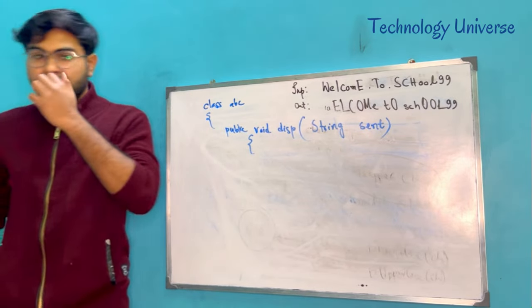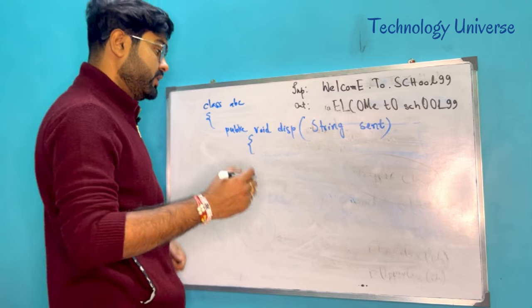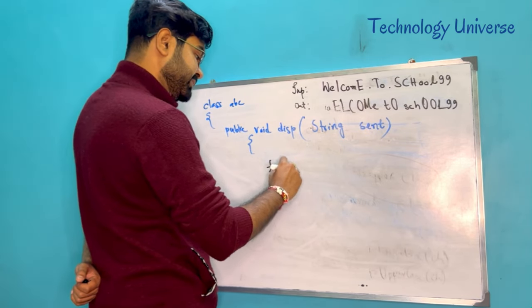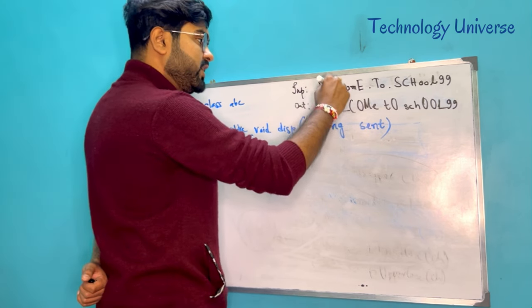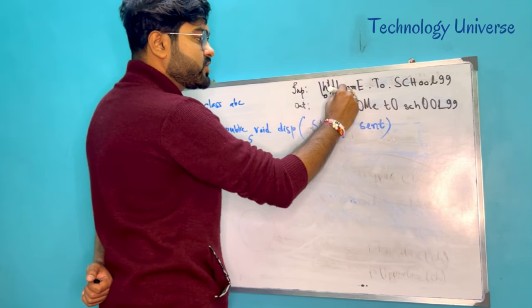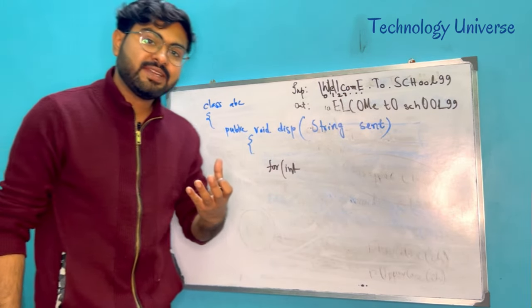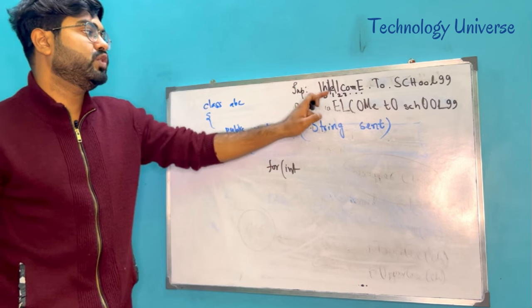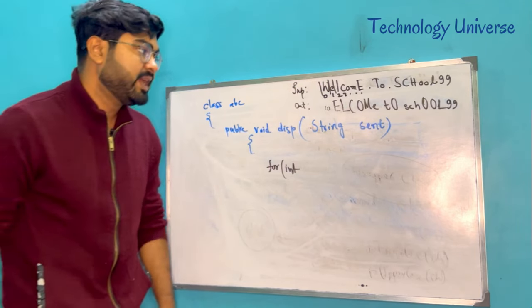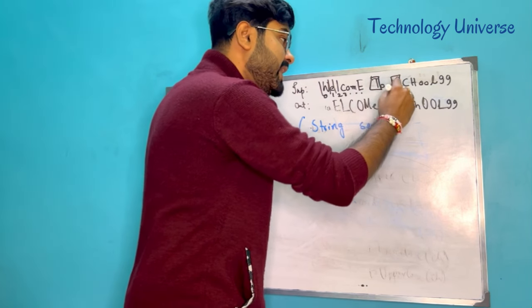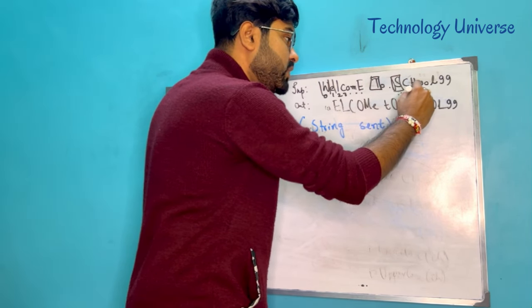Now what I will do is check the characters. For that, to obtain each of the characters, I have to generate an index loop. For a string we have that index, right? At 0th index we have W, at first index we have E, and so on. So to extract these characters, I have to mention the index values, right?